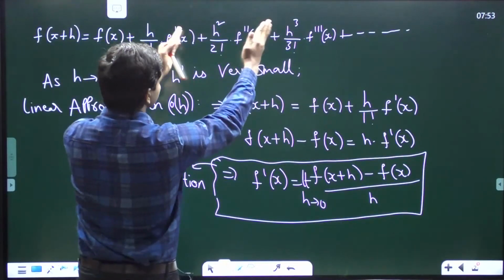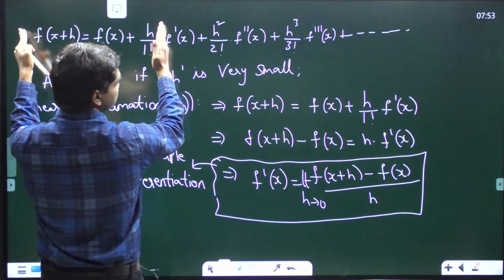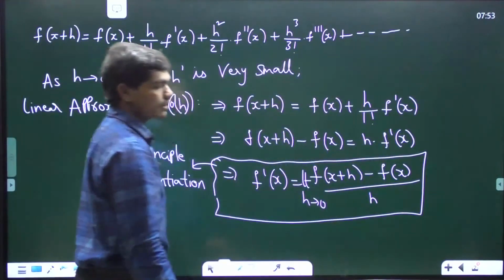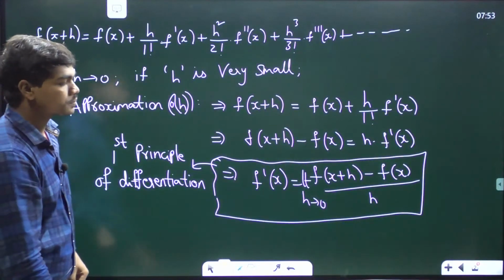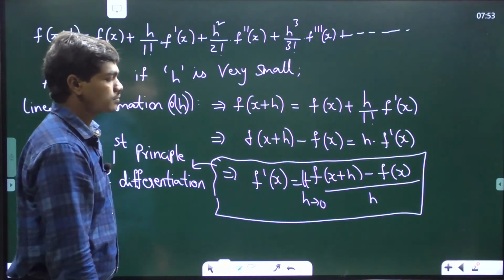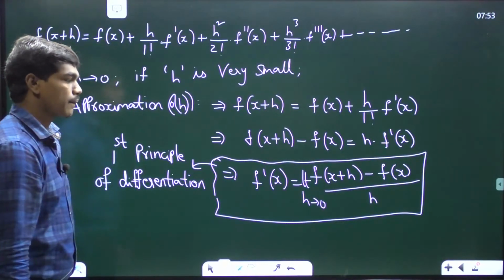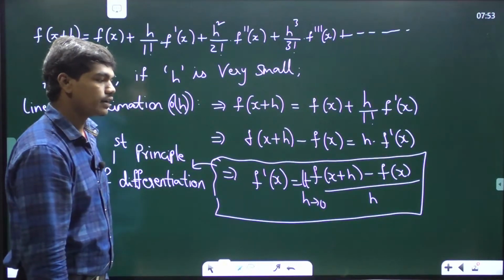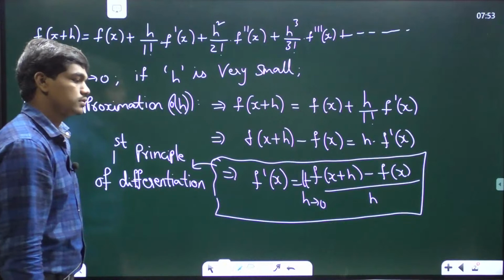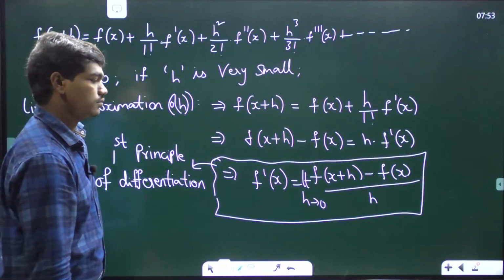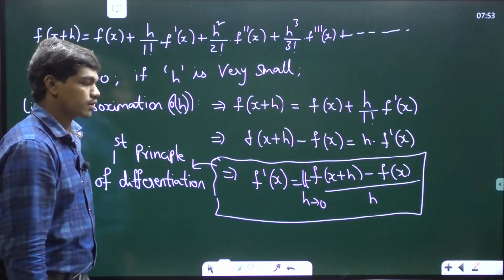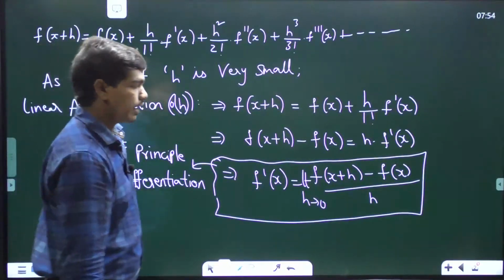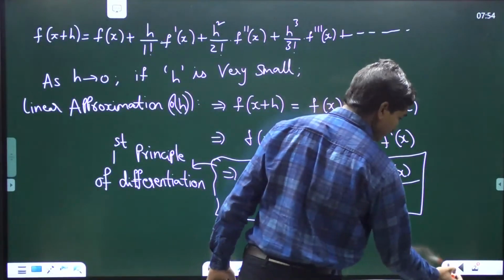If I neglect higher orders of h, then this particular part which is here is nothing but this. Okay, am I clear, Manoj? Okay, taken? Clear? Now, let us move ahead.